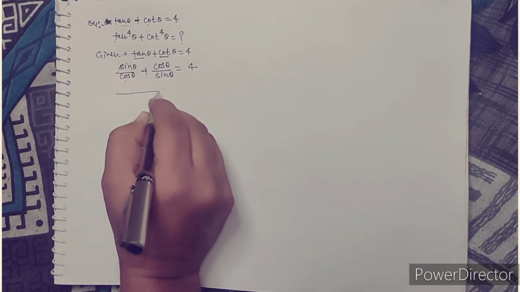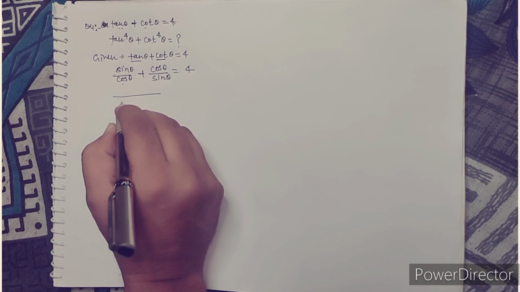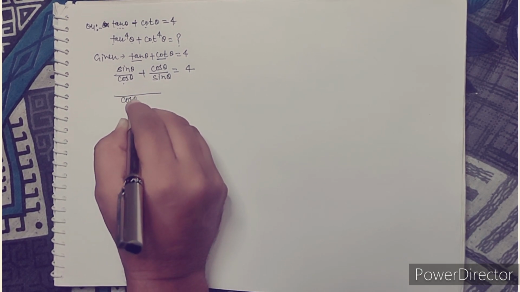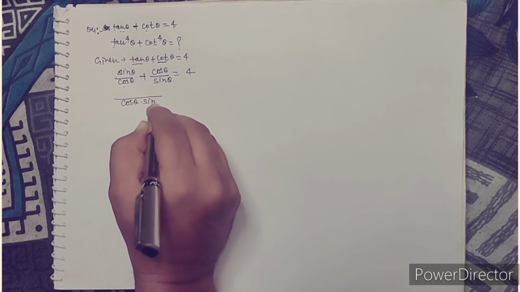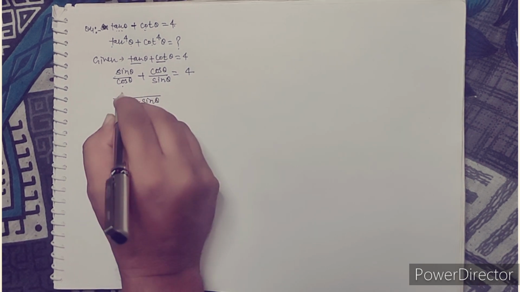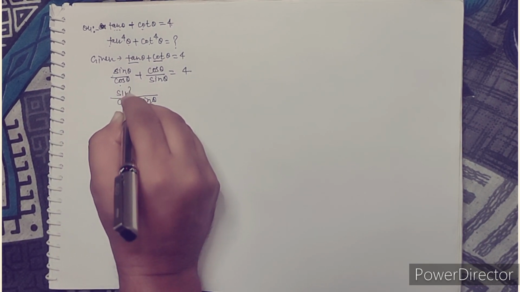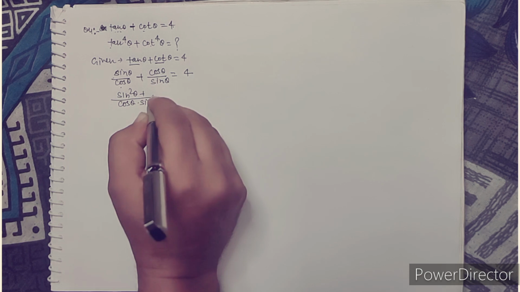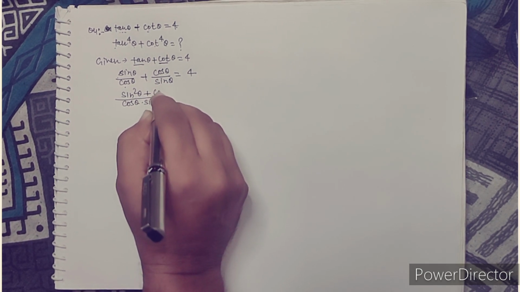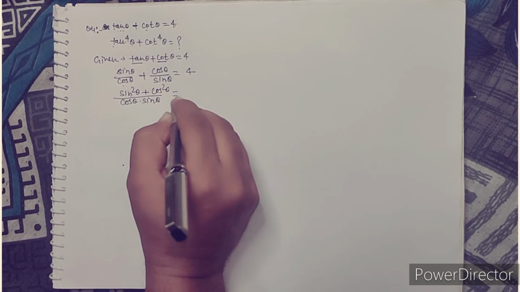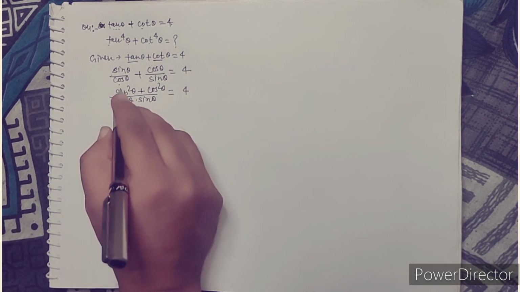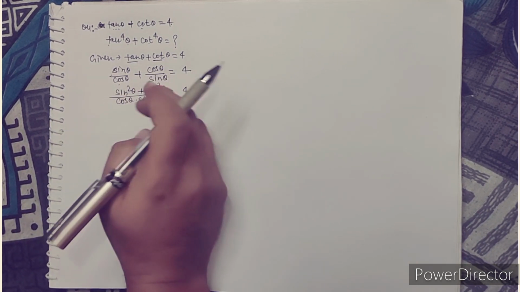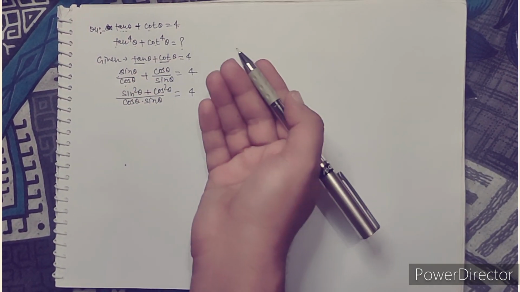Now having taken LCM of the denominator, it will be cos theta into sin theta. Now it will be sin square theta plus cos square theta equal to 4. It is the trigonometry identity sin square theta plus cos square theta. What is the value of sin square theta plus cos square theta?